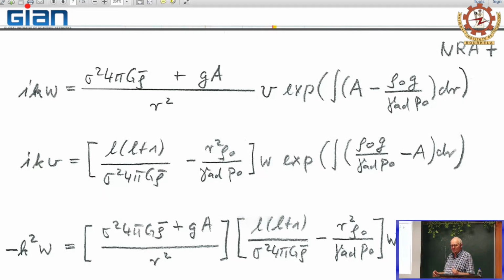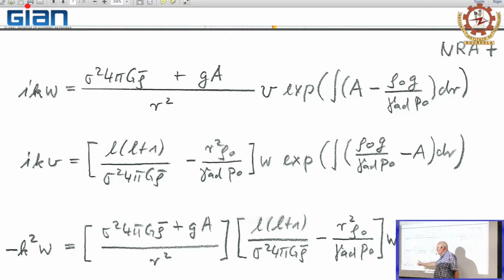This may be read in two ways. Either we consider this equation as an equation for the wave number k for given frequency, or we can invert this and say, well, this is an equation for the frequency for given wave number k.